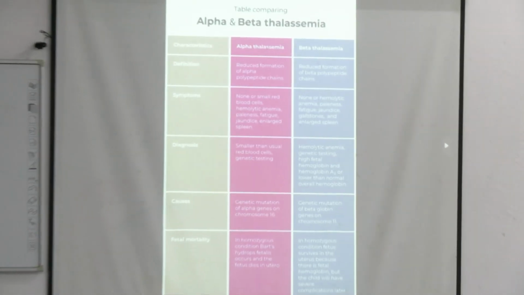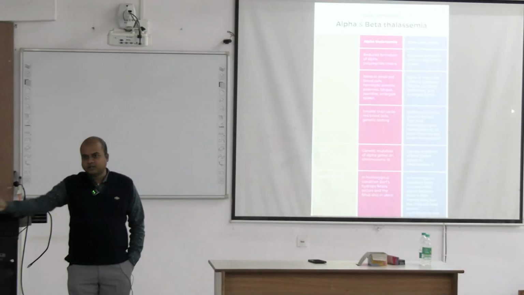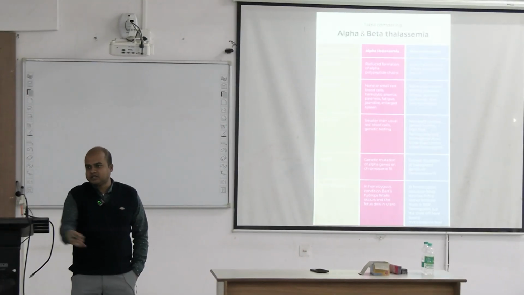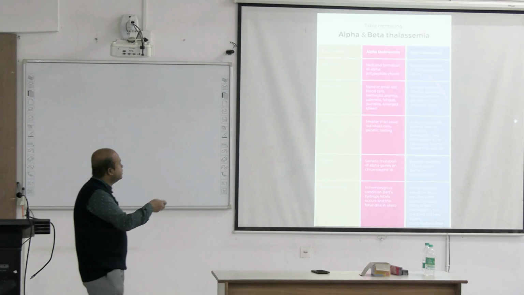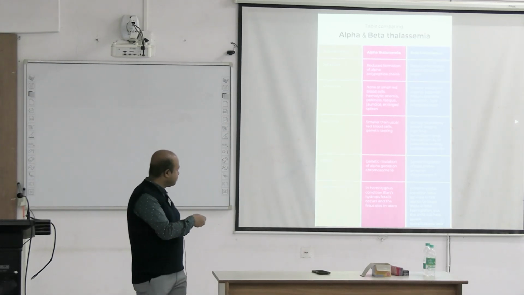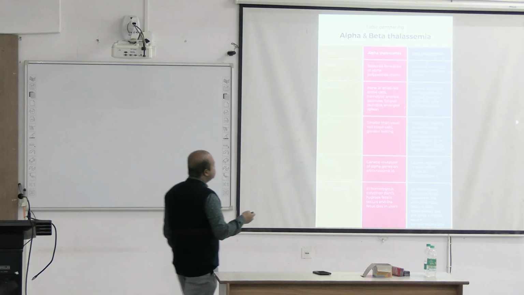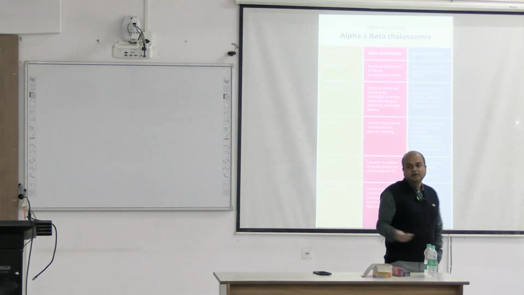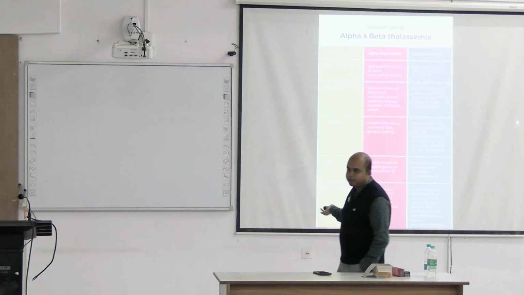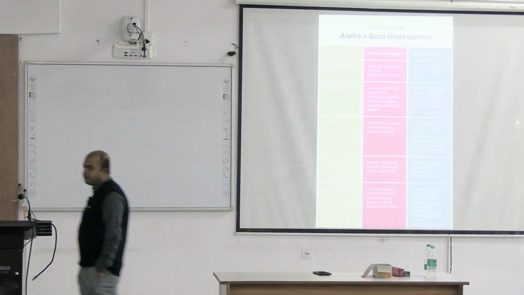Again, everything we have mentioned can be put in a table comparing alpha and beta thalassemia. If there is a question on the difference between alpha and beta thalassemia for 3-4 marks, just write it out table-wise: the chromosome on which the genetic mutation occurs; symptoms are more or less the same; the definitions, reduced formation of the alpha globin chain or the beta globin chain.